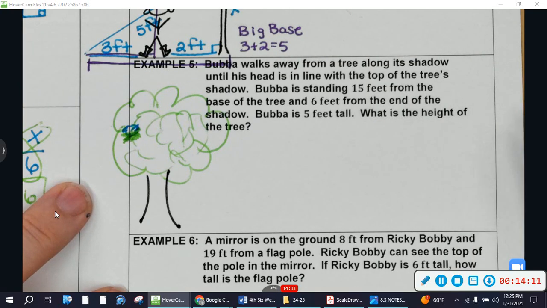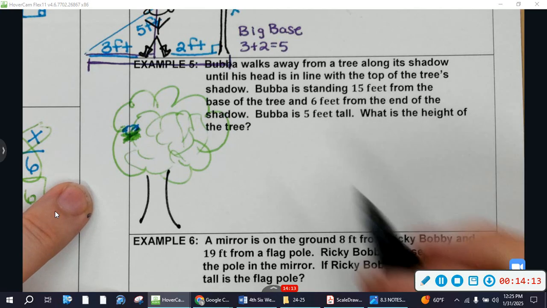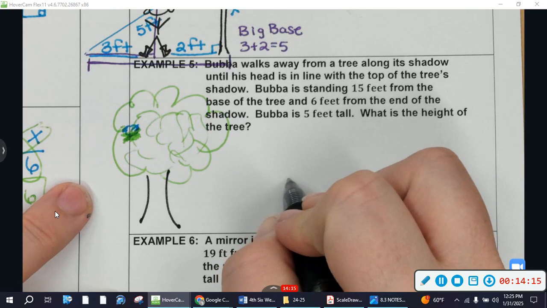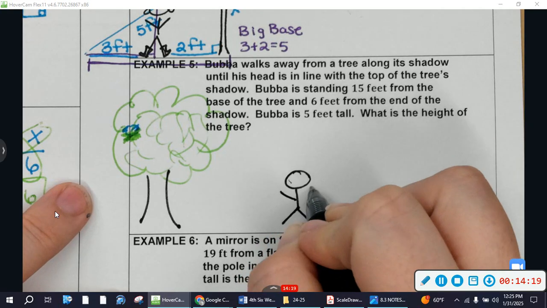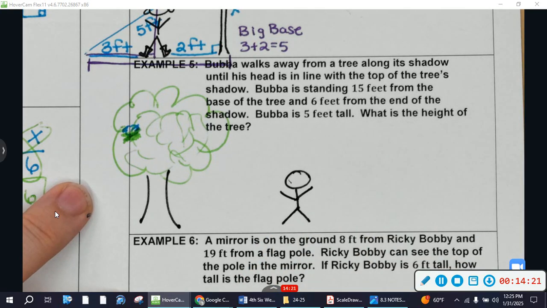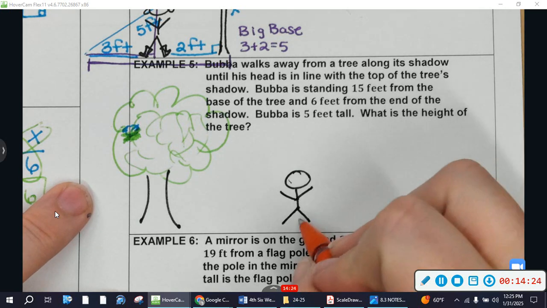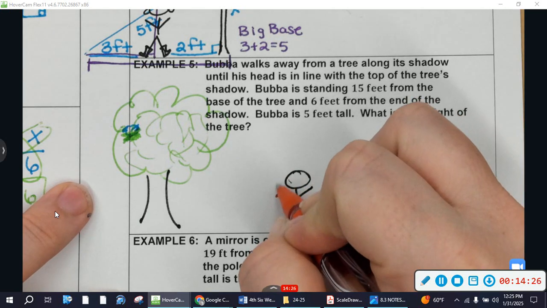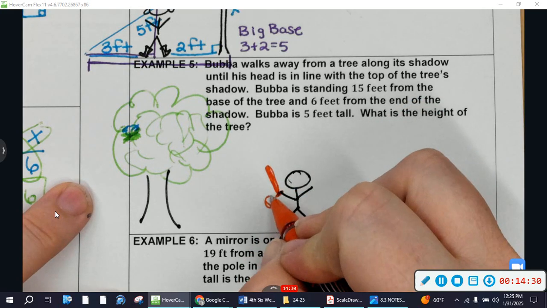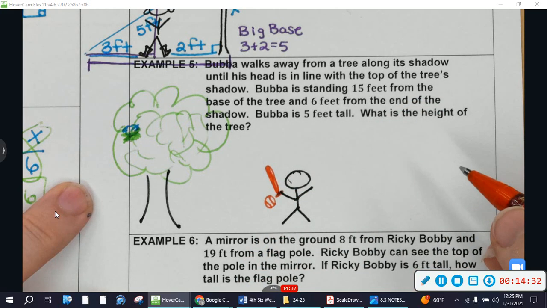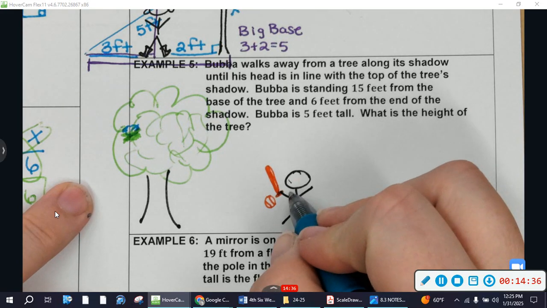And then we've got Bubba. Now my Bubba is a baseball player, so I'm going to make him a baseball player. He's got his bat, and there's a baseball. We're going to give him a uniform.